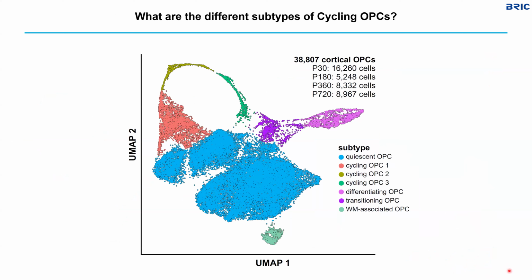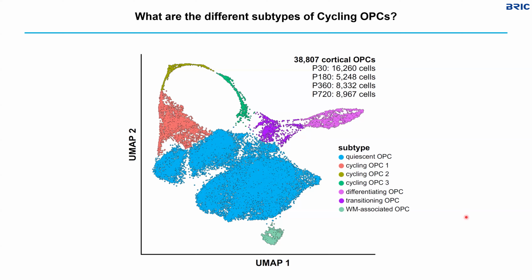So it was basically a good proof of principle that using single-cell RNA sequencing, we can reveal the OPC dynamics that we've known before: aging induces quiescence in these cells, and fewer cells are going to be differentiating and fewer cells are going to be proliferating.